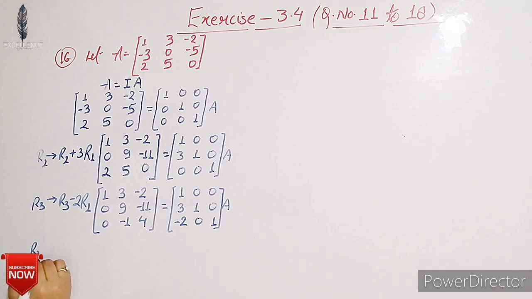Now minus 1 को 0 चेंज करना है, then R3 is such that 9R3 plus R2, because इसका diagonal element जो है वो है 9.